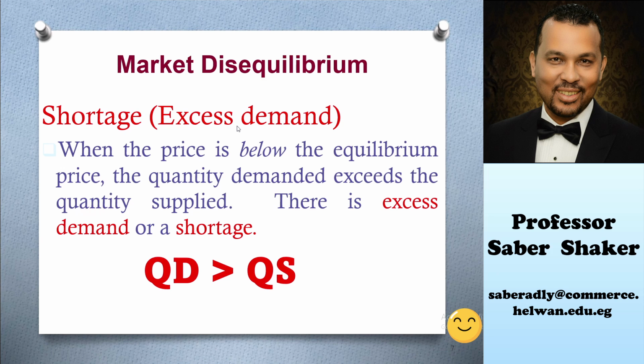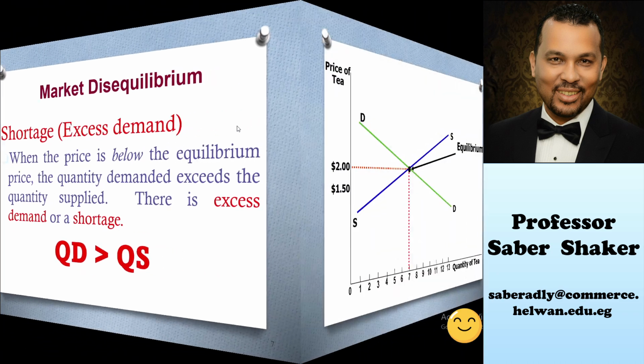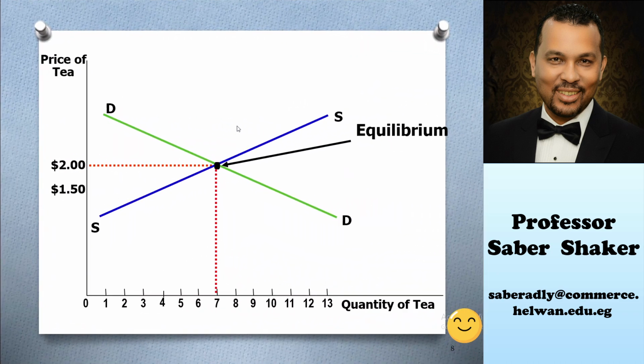You can write it as quantity demanded greater than quantity supplied, or quantity supplied lower than quantity demanded. By graph, we still talk about one equilibrium with price 2 and quantity 7.